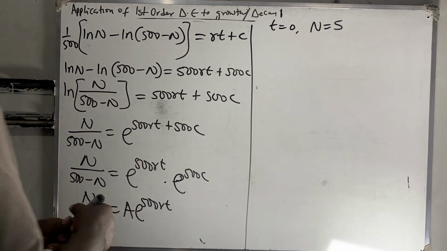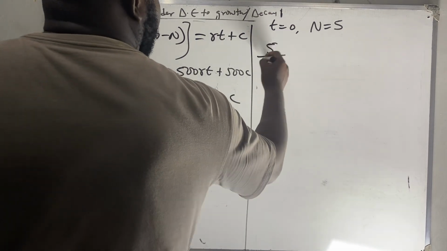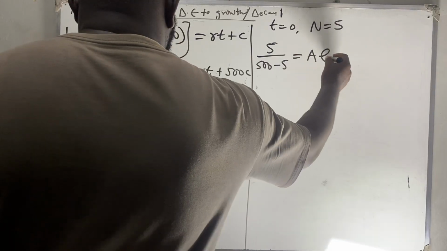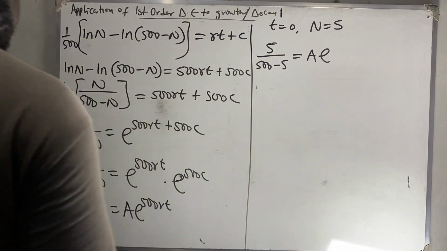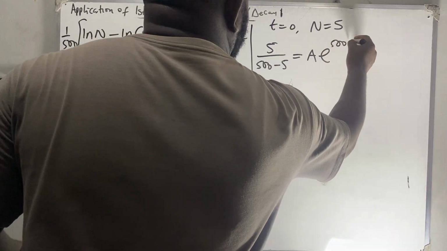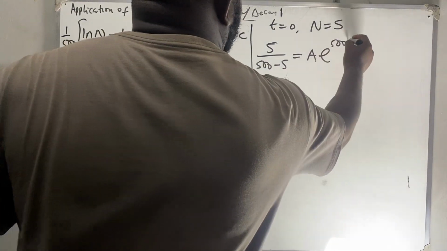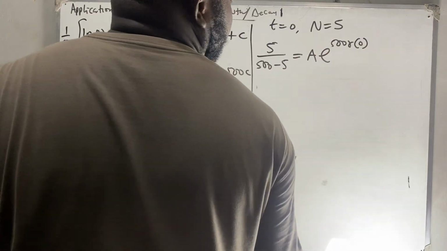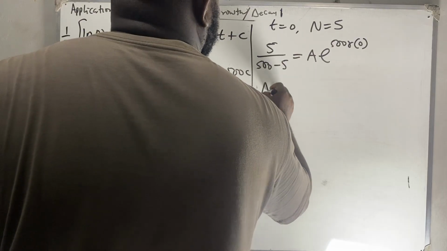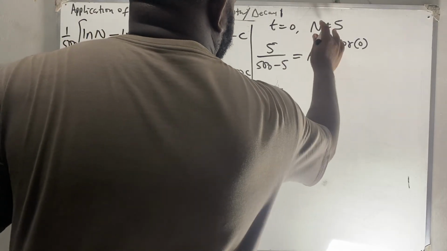So if we put it here, I'm going to have 5 over 500 minus 5 is equal to a exponential 500r into 0. The time is 0 now. So if you do everything here, you see that my a is equal to n naught over 500 minus n naught.